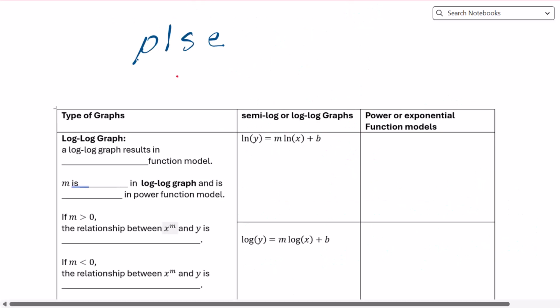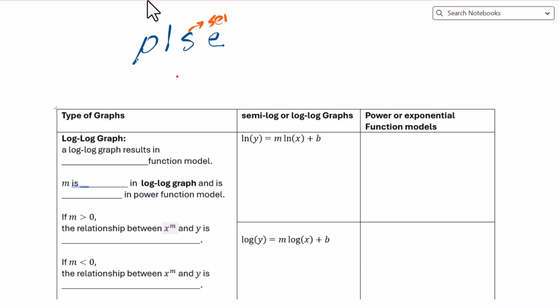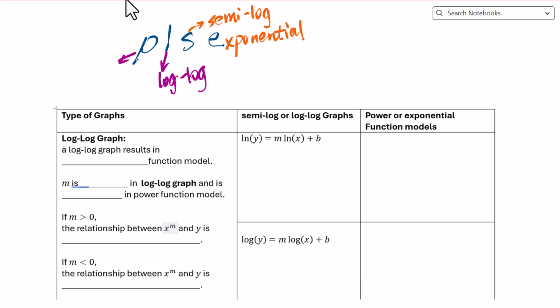We will use this policy to remember: semi-log results in exponential function model. Log-log results in power function model.